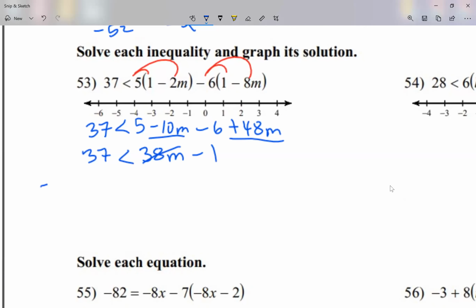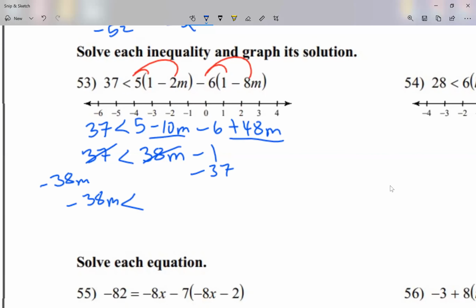So let me move this as a -38m. And this +37, let me move it as a -37. The letters they have to be on the left side. So that gives me that -38m is less than -38. Right? -1 minus 37 is -38.